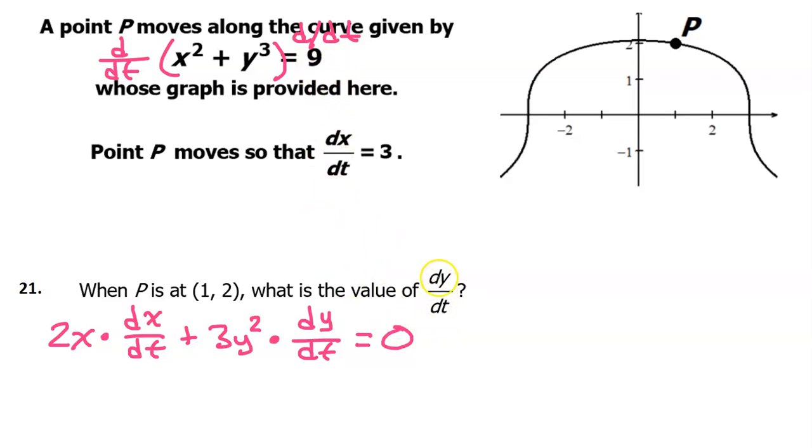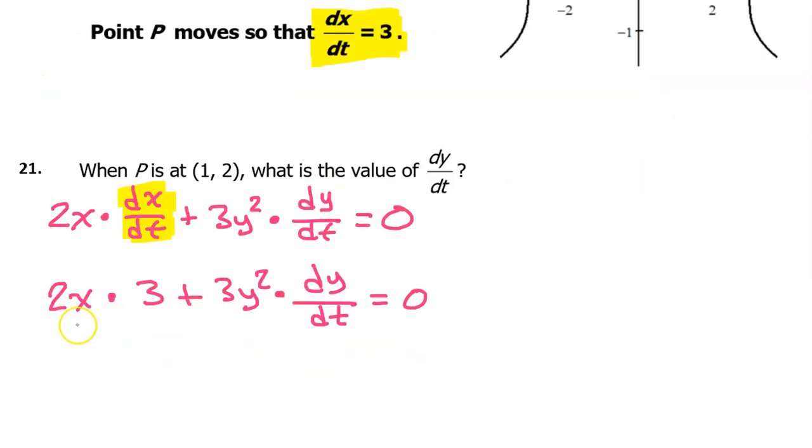So we are supposed to find dy/dt. We are also given this extra fact that dx/dt is equal to 3. So let's go ahead and substitute 3 in right here. And then we have 2x times 3, which will be 6x.